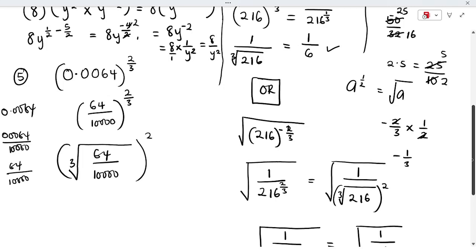So we simply have to simplify. So check it out and divide. If you divide 64 and 10,000 by 2, 64 becomes 32 and 10,000 becomes 5,000. Then again, 32 does not have a cube root, so we'll continue. 16, and this is 2,500.